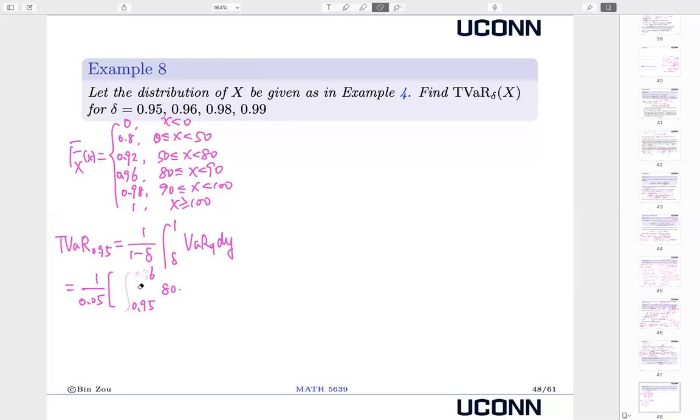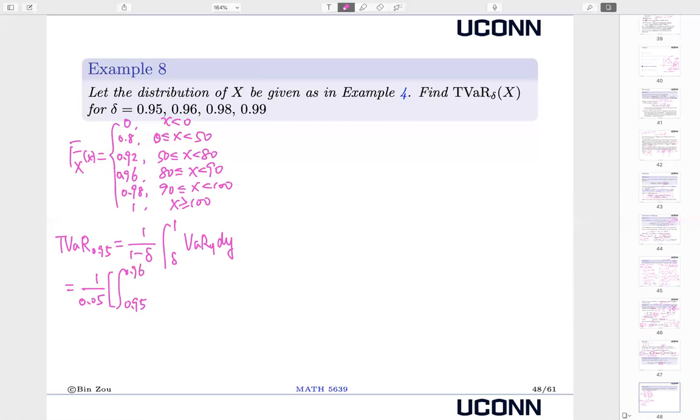I don't need to write the integral because it's a constant. So I directly write what I get from the integral. Still, let's do the integral first because it's from the original definition.